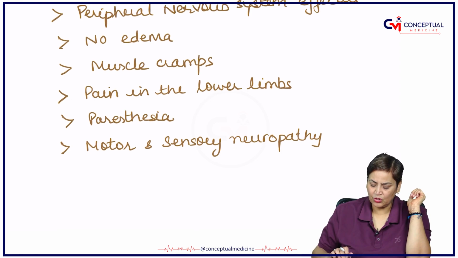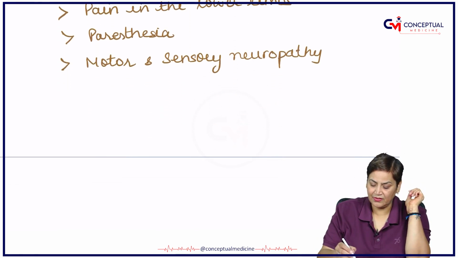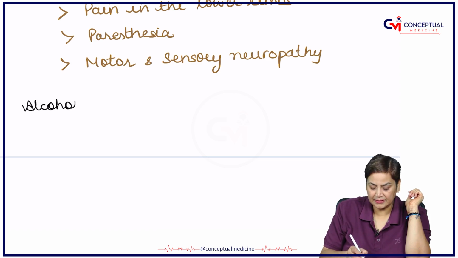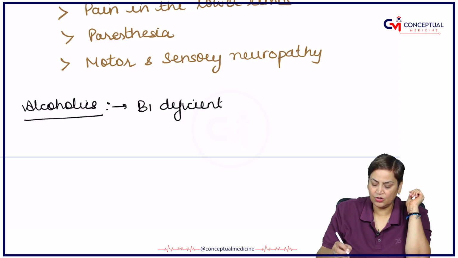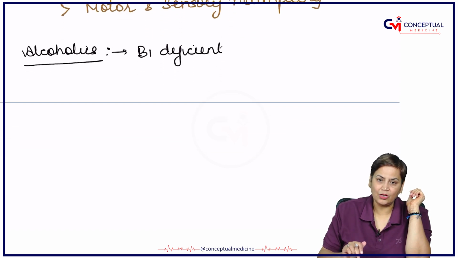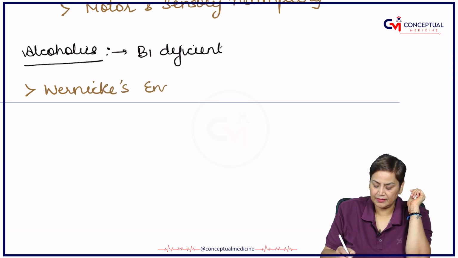And then we come over to what role it has to play in alcoholics. This is very important. Now what happens in alcoholics is, if they are B1 deficient, it will lead to Wernicke's encephalopathy. Alcoholics, if they are B1 deficient, it will lead to Wernicke's encephalopathy.